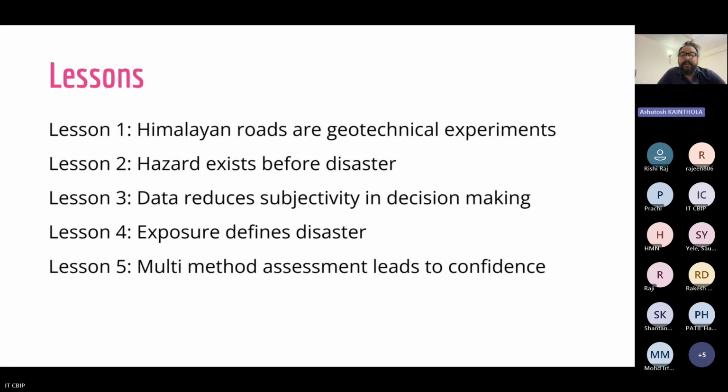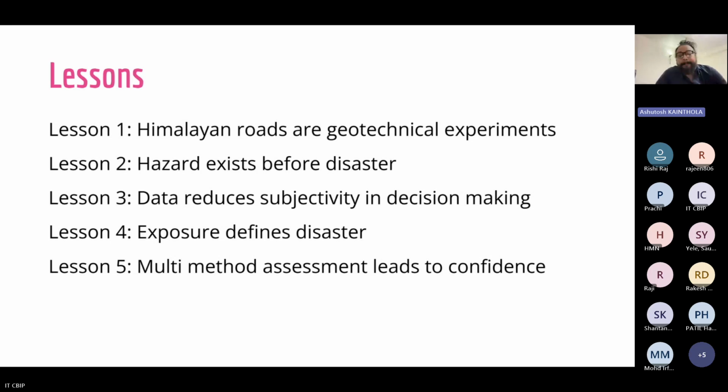So if you ask me what the key lessons from this work are, Himalayan roads are a geotechnical experiment. Whenever you are excavating, you are redistributing the stresses. Those changes would modify the surrounding stress regime, would lead to stress relaxation, and would undergo weathering and would eventually undergo failure.